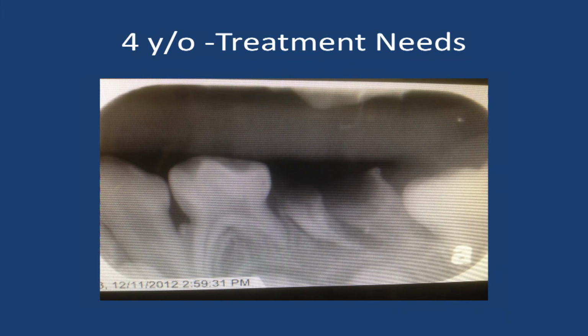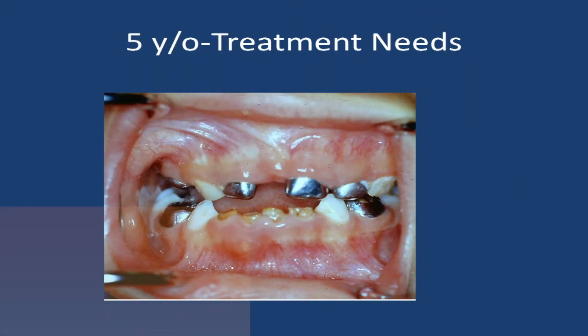Here is a 4-year-old whose treatment needs are a little bit less, but involves a very traumatic procedure to proceed with this child and be able to take care of their needs along with a distal shoe space maintainer. So this prioritization requires long-term care. This is a 5-year-old who has had some treatment done but has receded back to some of the early caries, and there remain many more teeth that need to be treated.